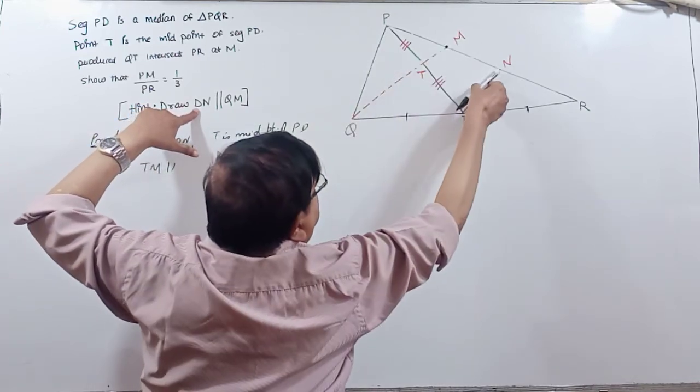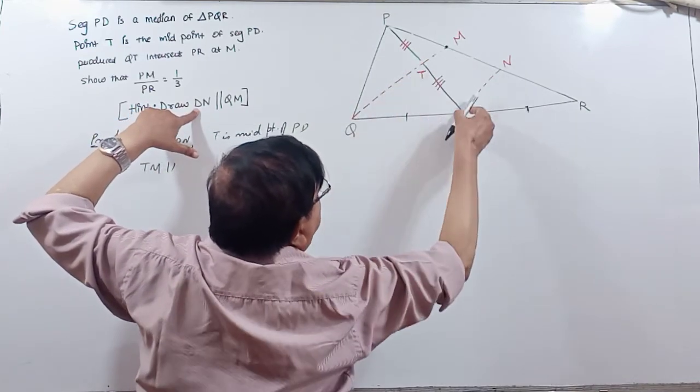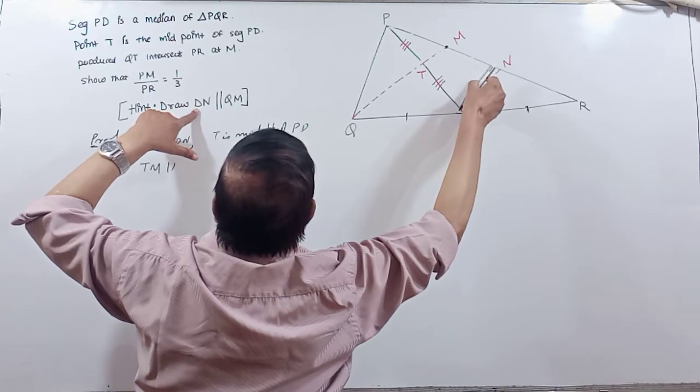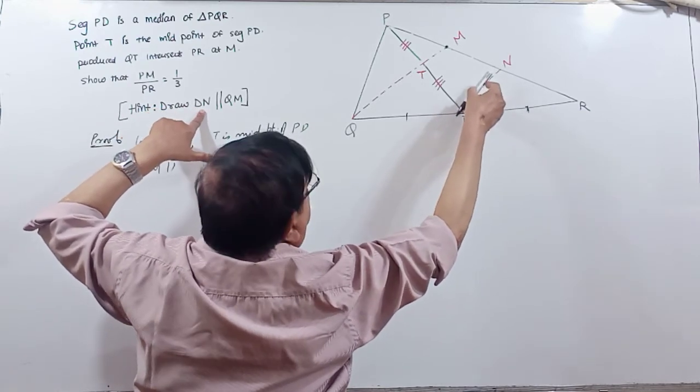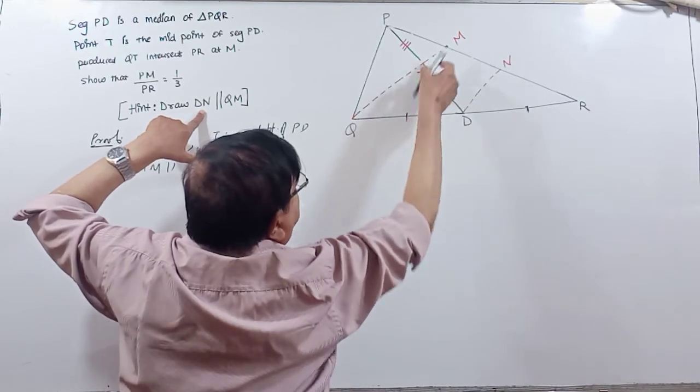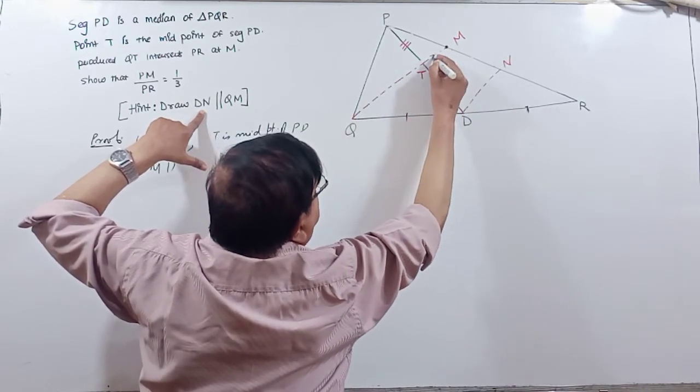This is parallel to this. TM is parallel to this. Construction: draw TM parallel to DN.